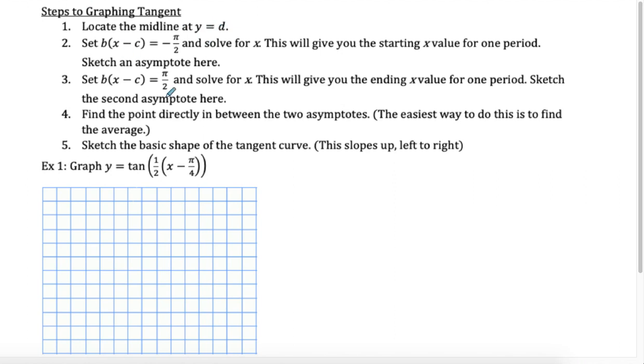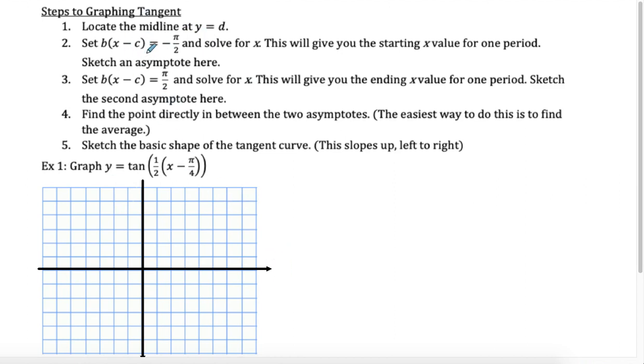So in our first example, the first step is to find the midline. There is no midline, or I'm sorry, there is a midline. That would be at just the x-axis. So let's get some axes on here. I could sketch my midline at the x-axis, but we don't have to if there is no shift.